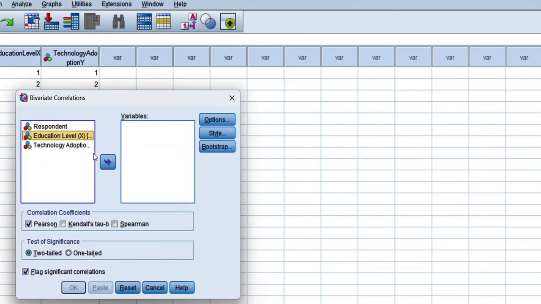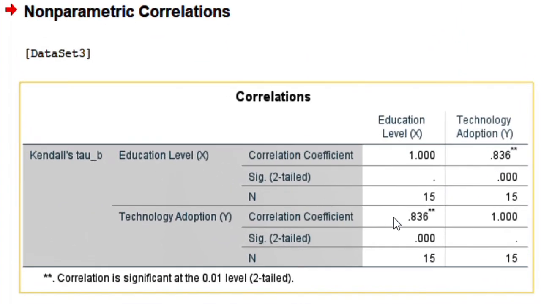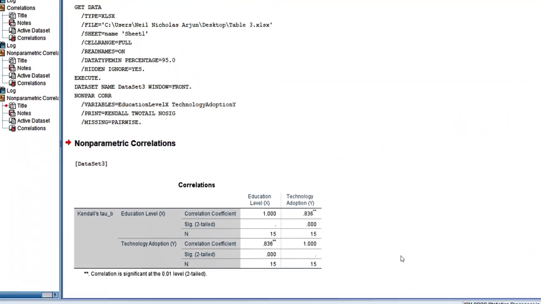Your education level and technology adoption will be your variables. This time select Kendall tau B correlation and click on OK. The result suggests that the education level of farmers is positively and significantly associated with the technology adoption because the association is significant at 0.01 level of significance at 2 tail.